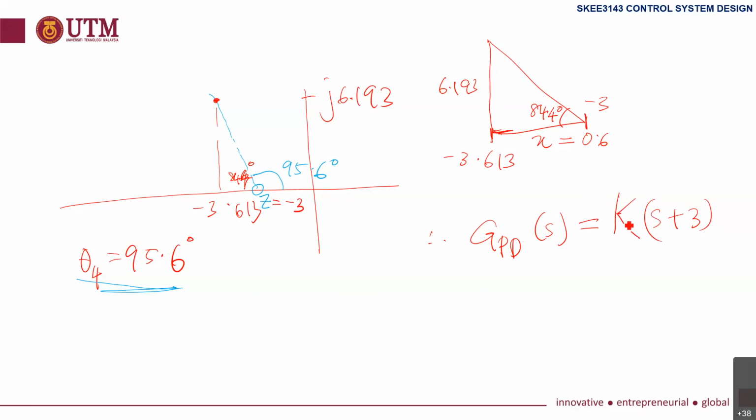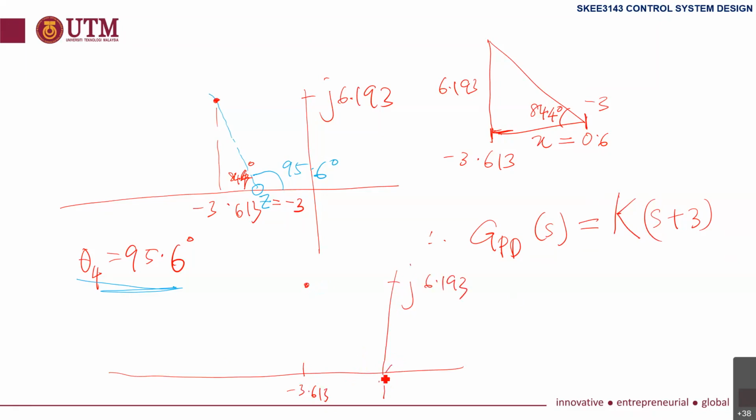How can we get K? K is obtained by using the same technique that we used before, but now with an added zero. So here is minus 3.613, j 6.193.